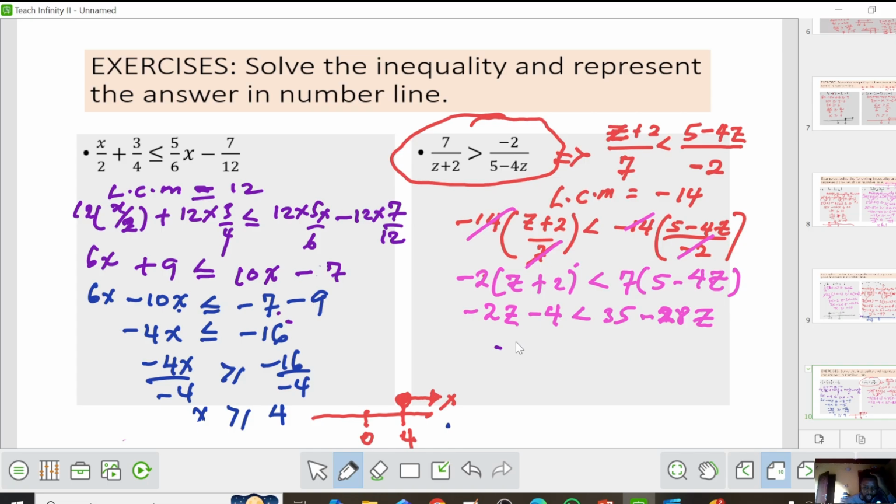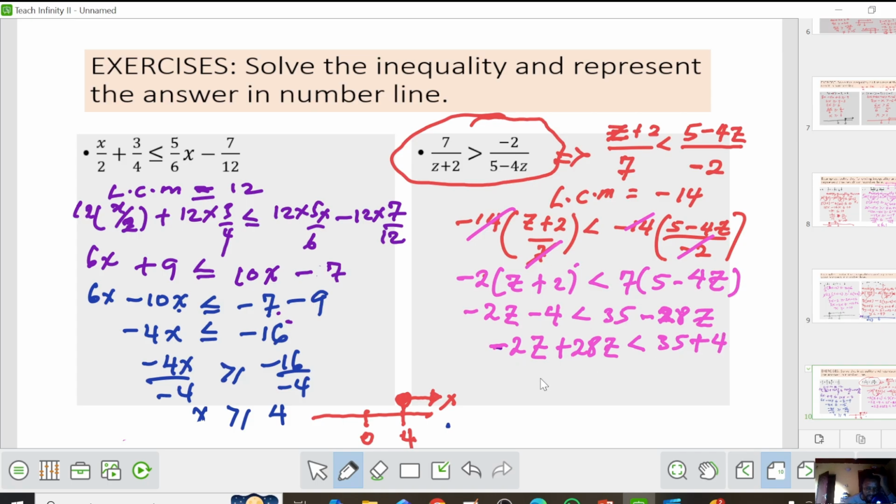So if I collect my like terms, I have -2z. When this one crosses the inequality sign to the other side, it becomes +28z. This will give me 35, which is here before. Then this -4 crosses and becomes +4.